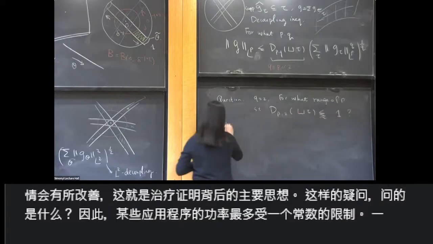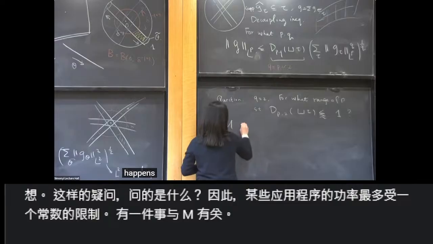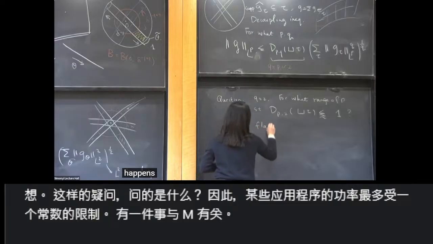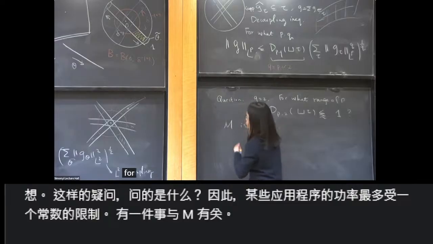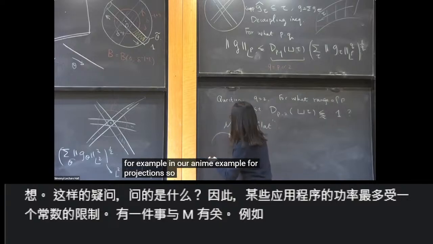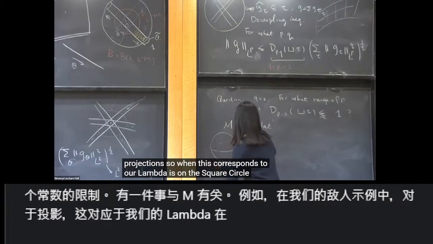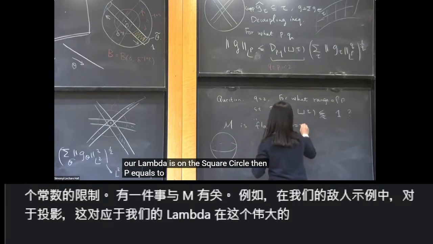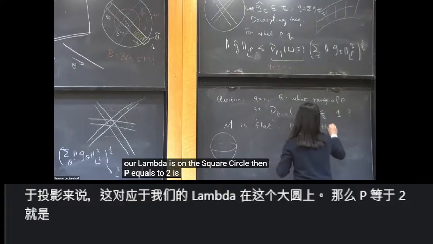One thing is when M is flat. For example, in our example for projections, when this corresponds to lambda being on this square circle, then P equals 2 is the best possible.